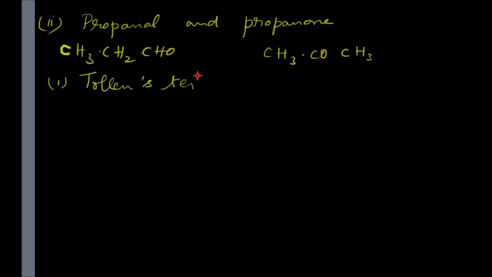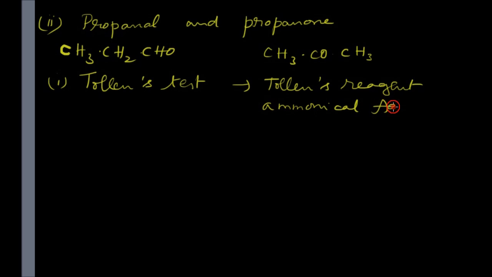For the Tollens test, you use Tollens reagent, which is ammoniacal silver nitrate. The other one is Fehling's test.